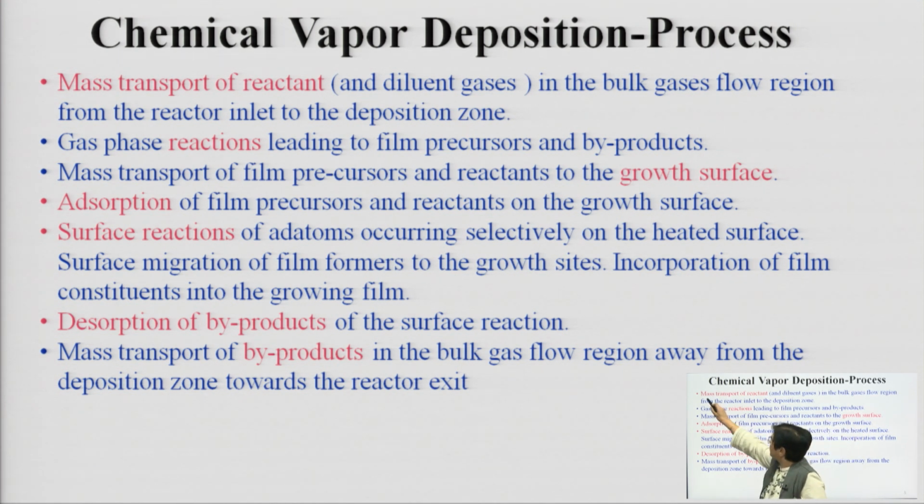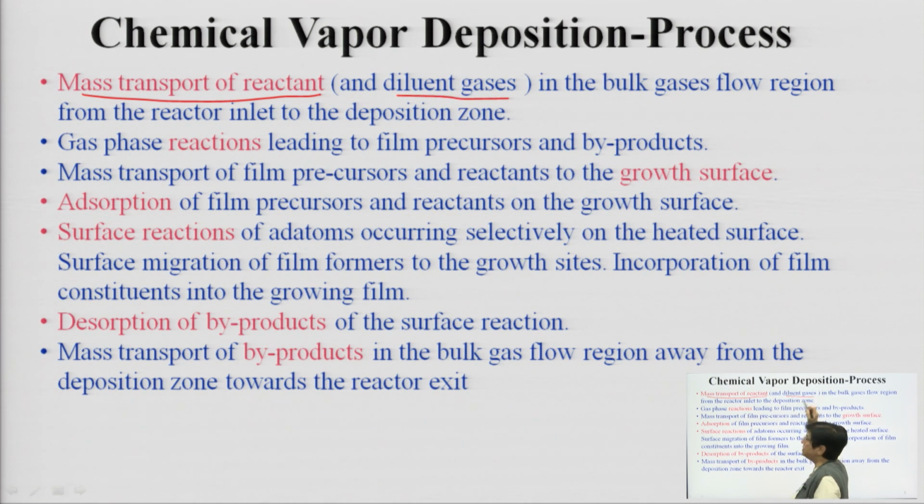So, the first process I told you is known as mass transport of the reactant, where the reacting species along with the dilutant agents, that is inert agents, are diluted with the inert gas and allowed to flow in the bulk gases into the reactor and reach the deposition zone.